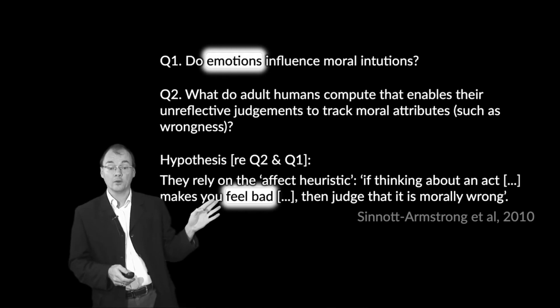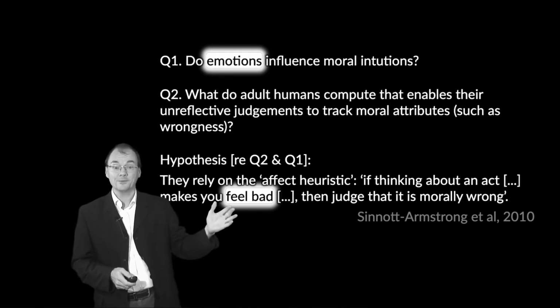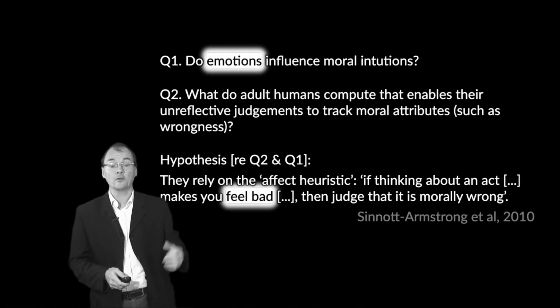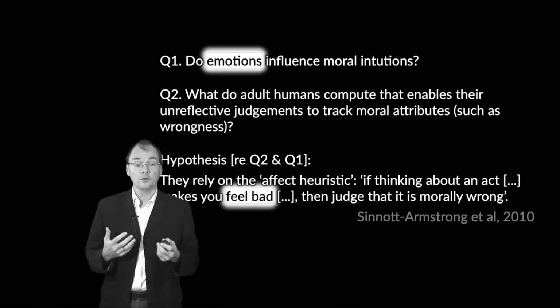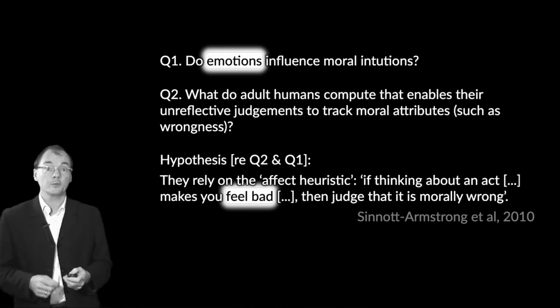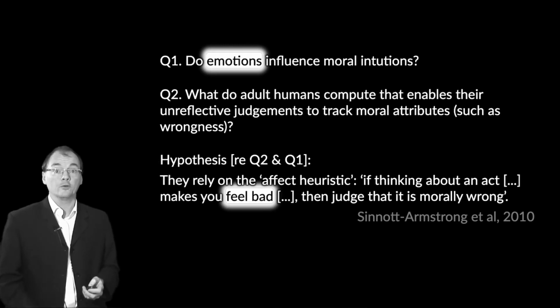The way, according to the hypothesis, that emotions influence moral intuitions is by grounding them, by being the thing that you are computing, the emotion, in order to track the ethical rightness or wrongness, the moral attribute, as Sinnott-Armstrong and colleagues say. So here we are.